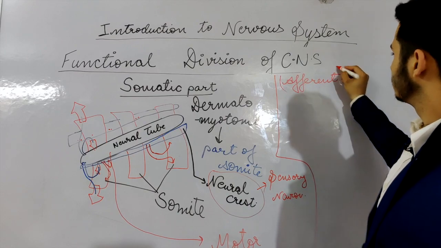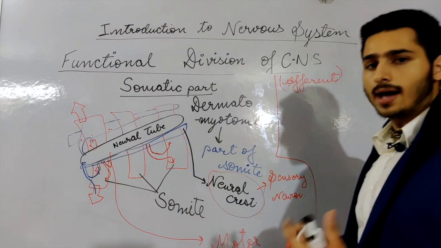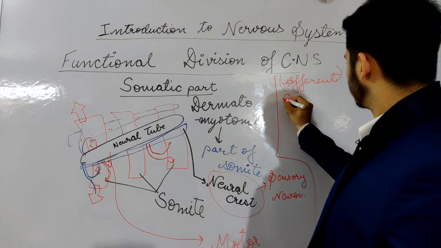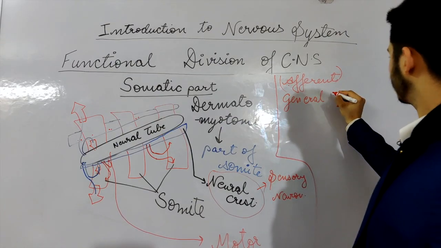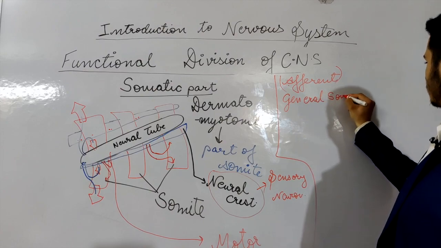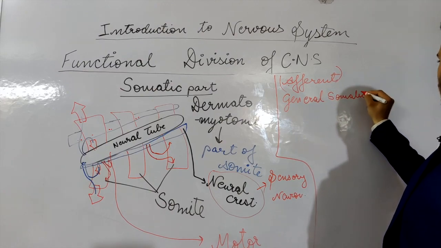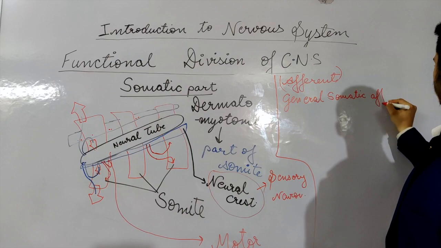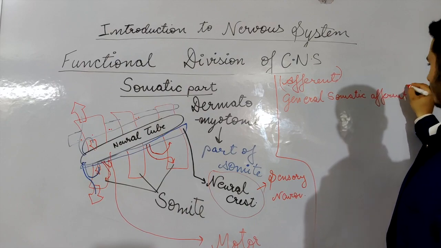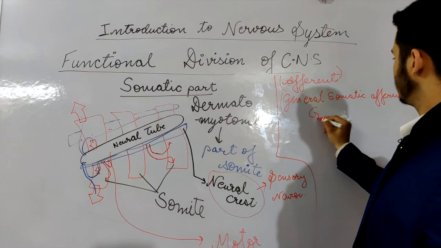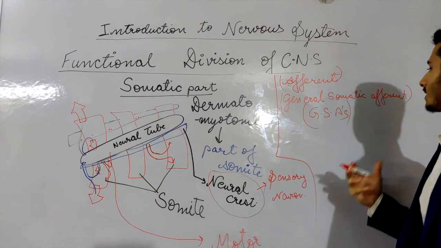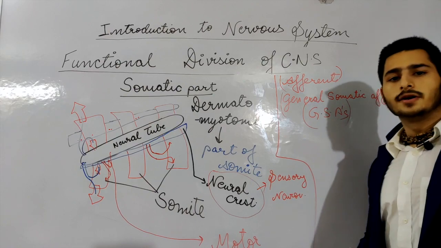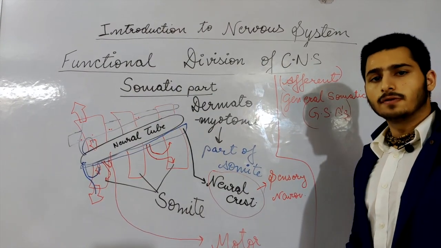It starts with an A, for apple. They are known as general somatic afferent fibers, or GSAs. These GSAs carry information from the peripheral regions of the body back to the CNS.